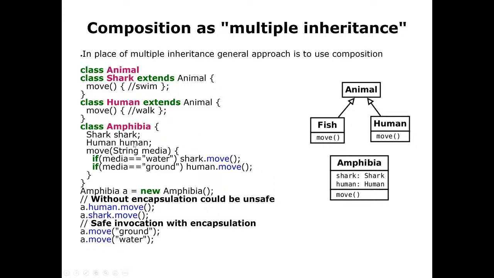Here we need to create the global attribute first, then create the method, then add some logic inside the method, and then call the method we want to call. So the composition requires more steps and more logic to be created than just simple inheritance.